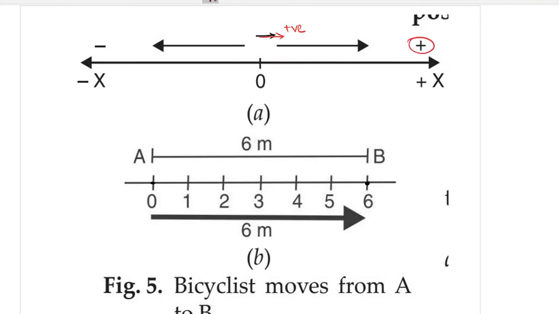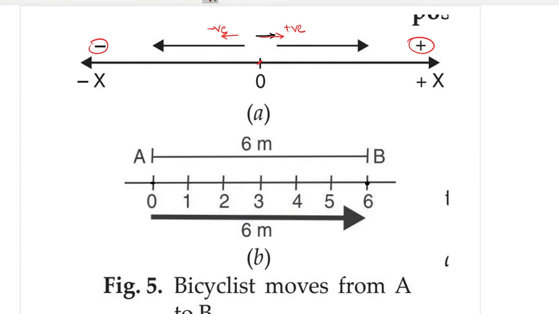See the positive sign? And anything towards the left side is always considered negative. But left side of what? Of reference point. So reference point is the starting point. Now here in this example, the bicyclist moves from point A to point B, that is towards the right side of the reference point, right?